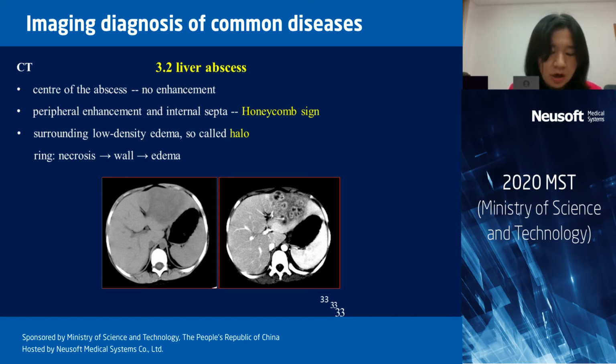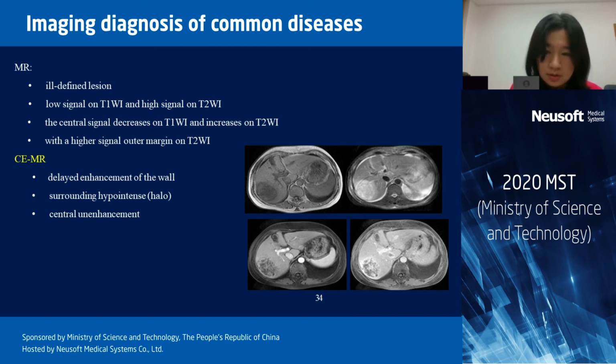The center of the abscess has no enhancement. It has ring enhancement and internal septa in the wall, called the honeycomb sign. It also has surrounding low-density edema called halo. The abscess is ill-defined with low signal on T1 weighted imaging and high signal on T2 weighted imaging.